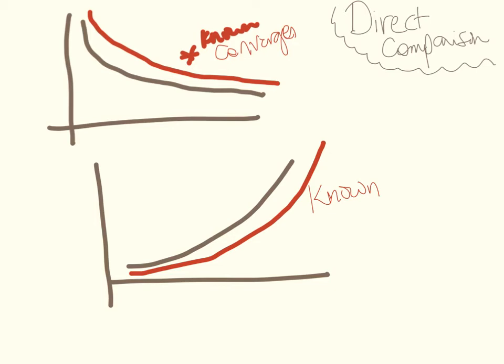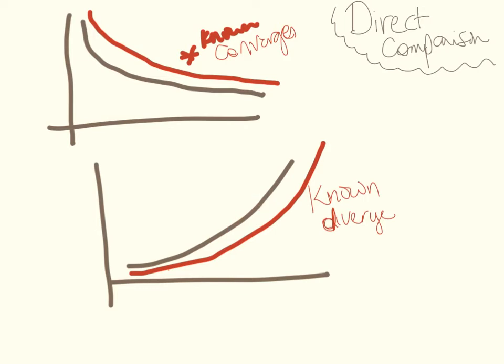It could be any number of things. You could do integral, you could even do an nth term test. But if it is known to diverge and it is smaller than the one I'm looking for, then logic will tell us that the one we're trying to prove also diverges.